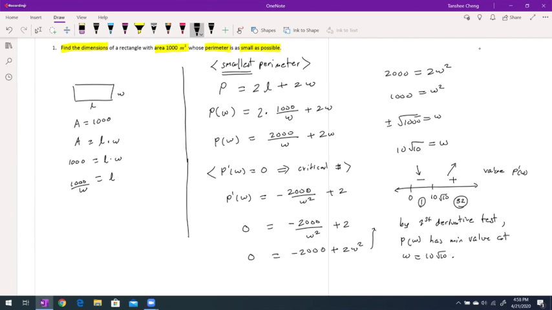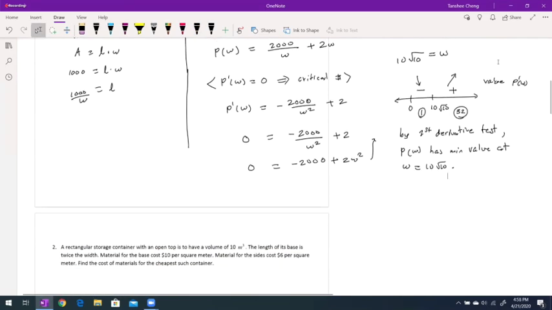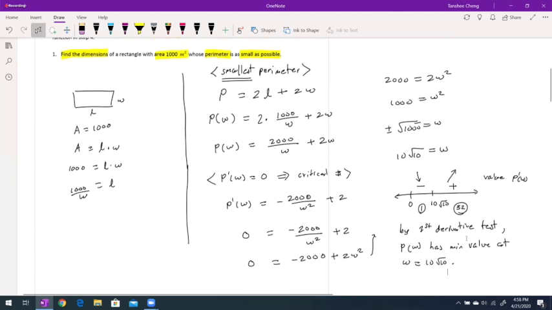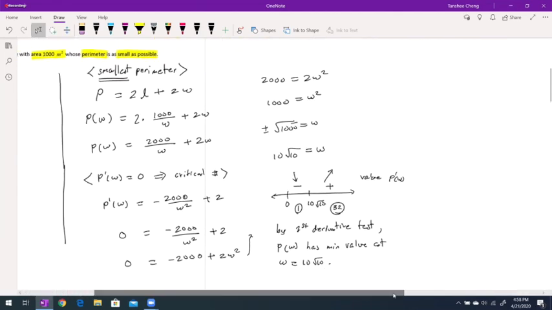So finally, we can start answering the question, because the actual question is asking for the dimensions of a rectangle. So for dimensions, we need to know our length and our width. After justifying it, I can say that my width will be 10 square root of 10.